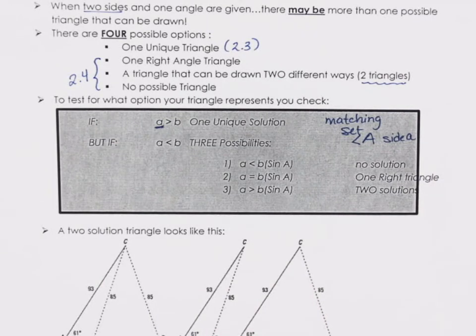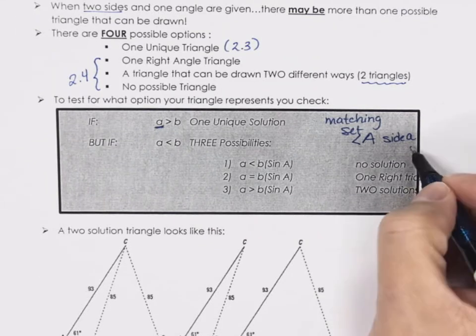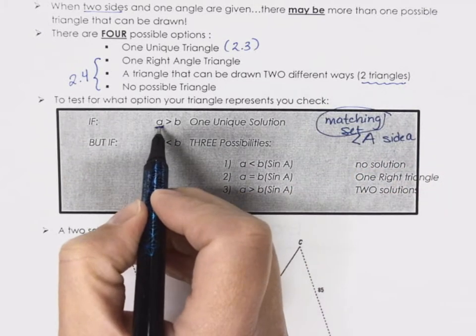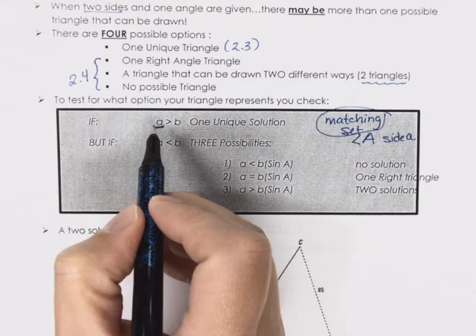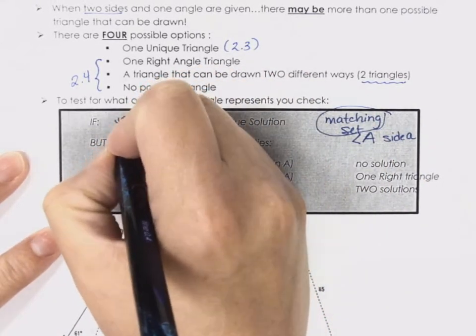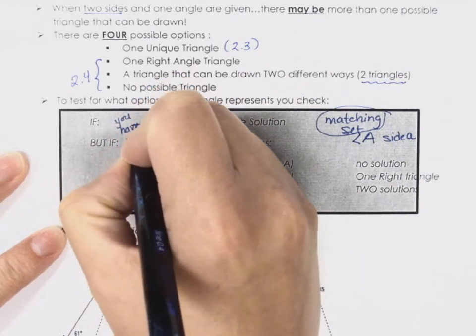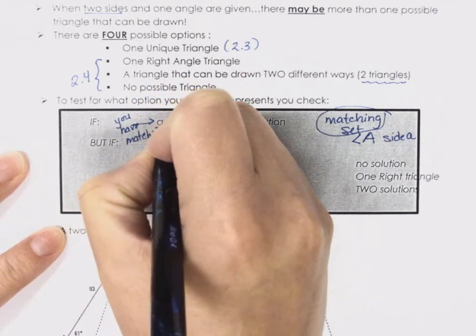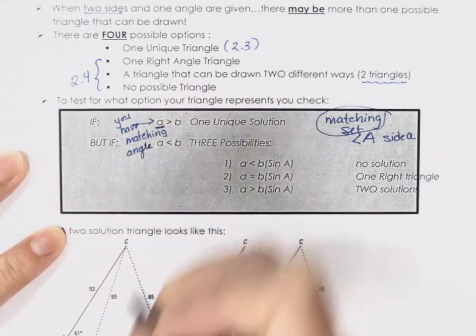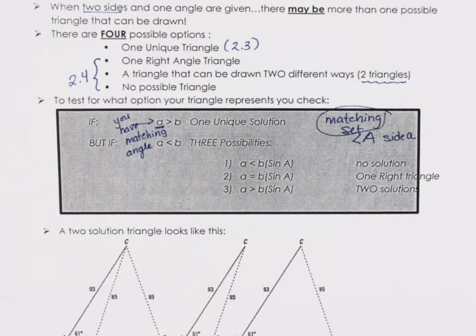If you have a triangle that's X, Y, Z, the letters are different, but what you need to know is it's the matching set. So you have the angle to go with this side. I'm not concerned about it being the letter A. It's just the side that matches with the angle. So you're going to have a matching set, and then you're going to have one other side.